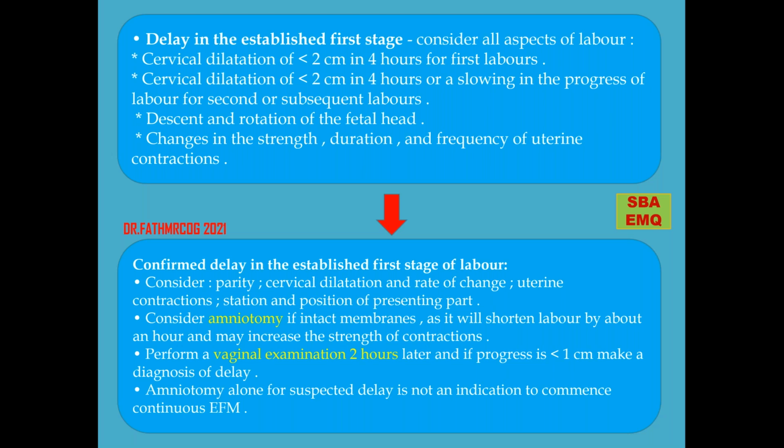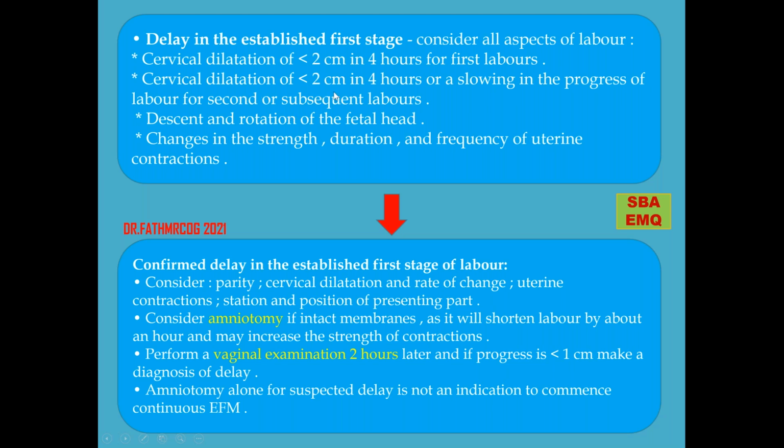And after that, how to confirm the delay? You should do BV after 2 hours. If you find less than 1 centimeter, this confirms there is delay in the first stage of labor. So first, you suspect the delay if you find cervical dilatation of less than 2 centimeters in 4 hours for the first labor.